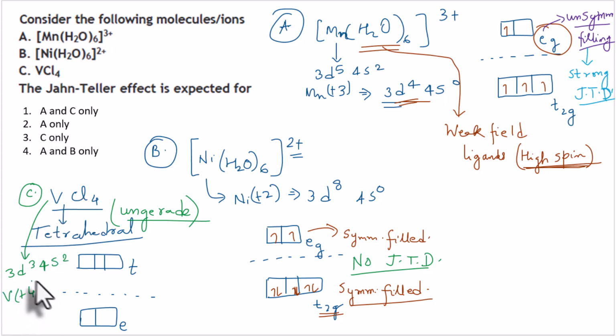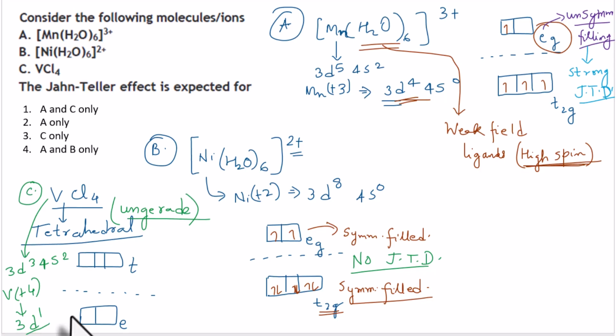Vanadium in the +4 oxidation state will have a valence electronic configuration of 3d1, only one electron in the d orbital. And obviously this one and only electron will be accommodated in the e orbital, lower in energy. So this e orbital will be unsymmetrically filled.